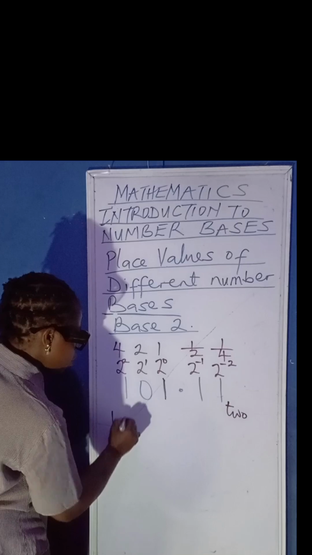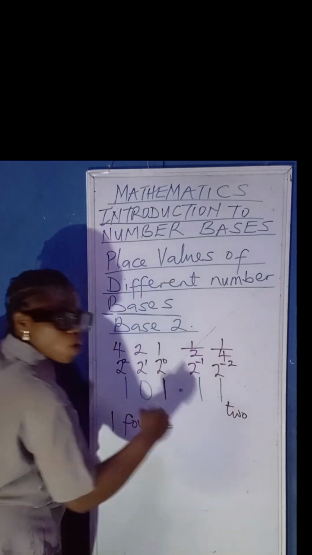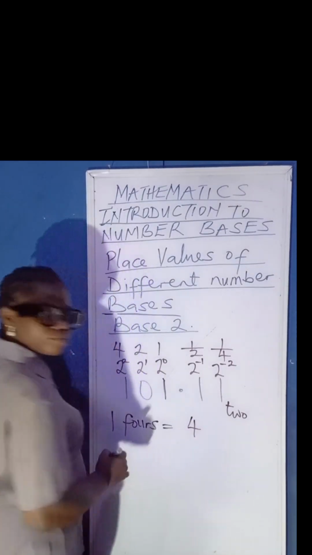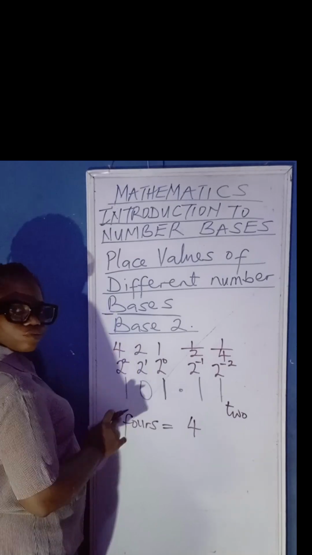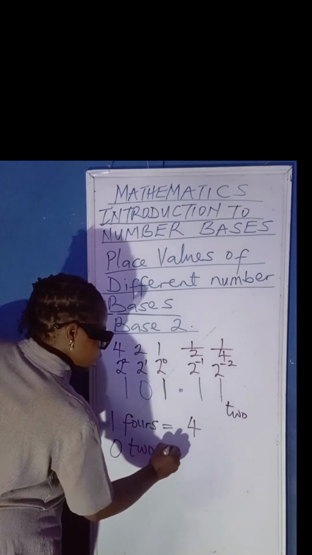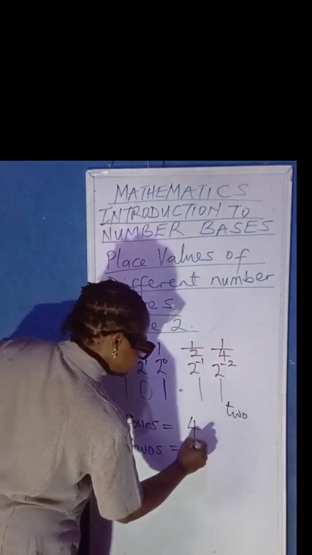This is 1 four, which means 1 times 4, which is 4. This is 0 twos. This means 0 times 2, which is 0.